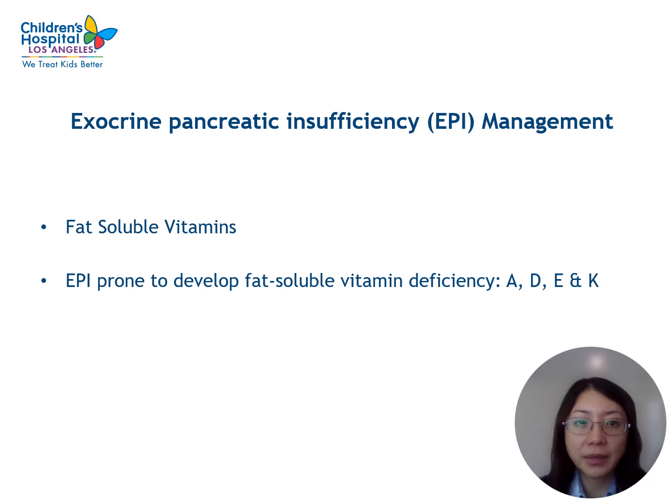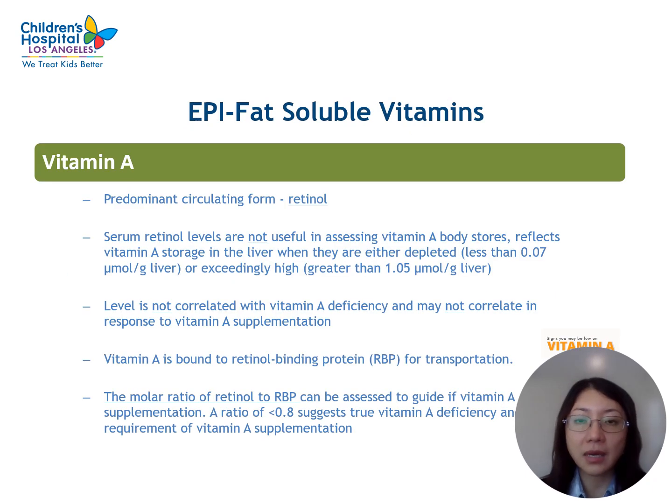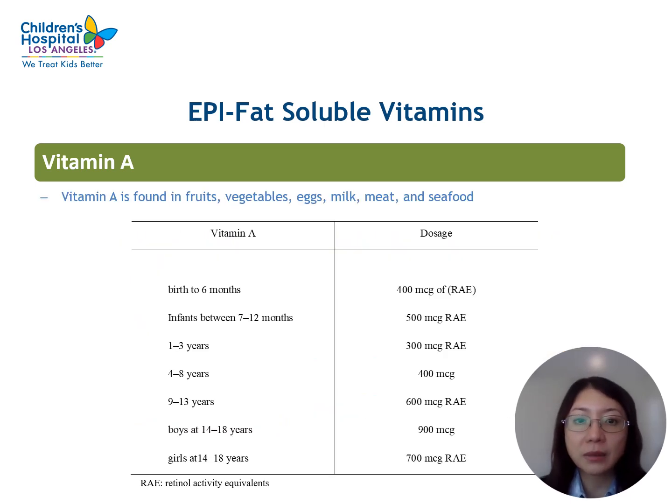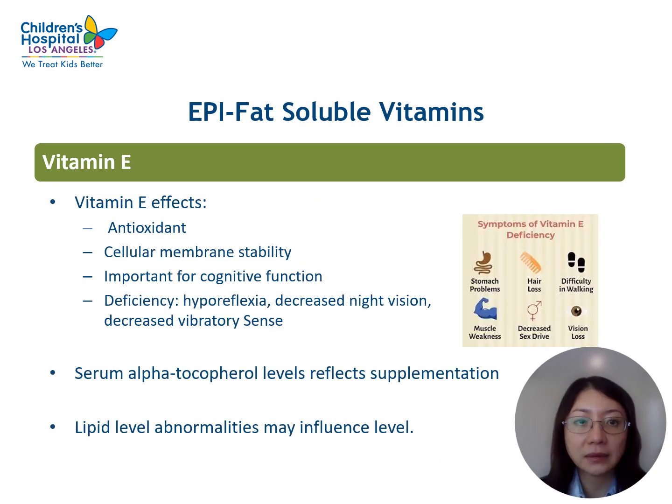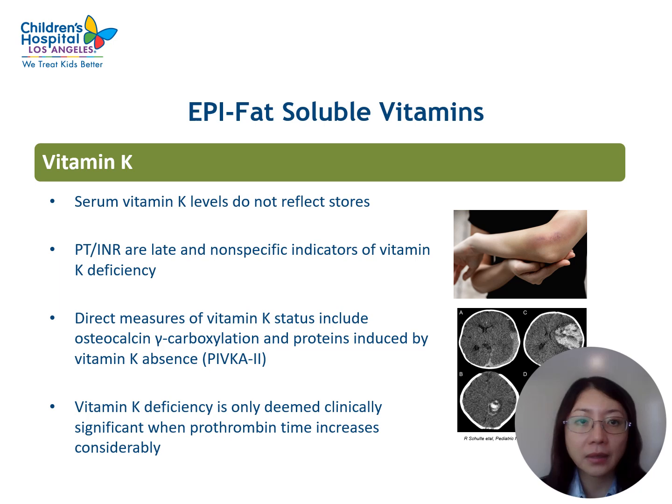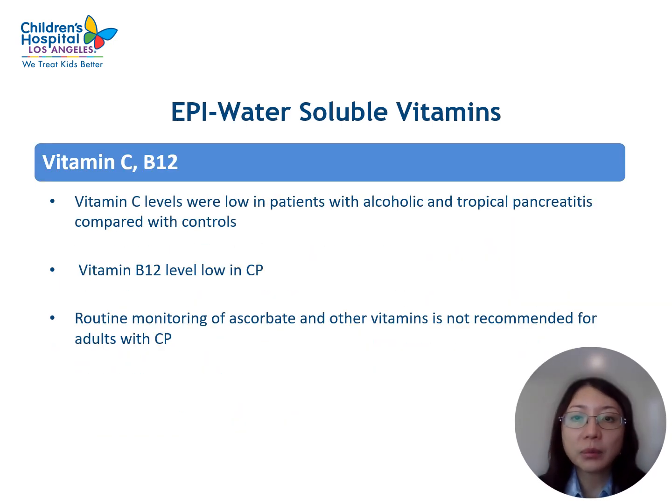And for patients with EPI, we need to monitor the fat-soluble vitamins, including A, D, E, and K. I don't have a lot of time to go through the fat-soluble vitamin deficiencies, clinical presentation, and their doses. Just keep in mind it's also age-dependent or weight-dependent for A, D, E, and K. For water-soluble vitamins, deficiency is reported in patients with EPI, but supplementation remains controversial for patients with a pancreas disorder.